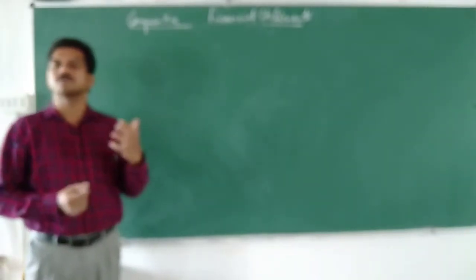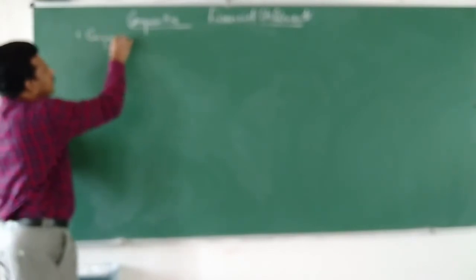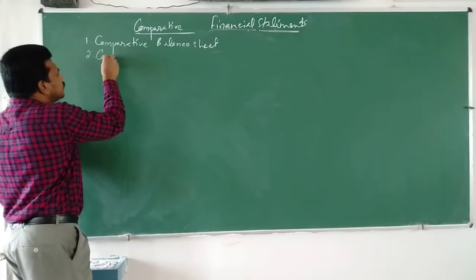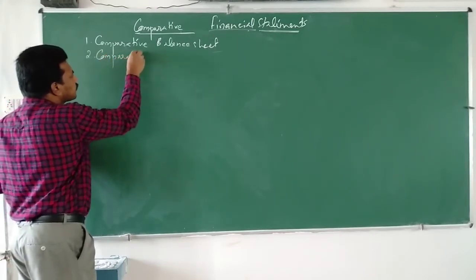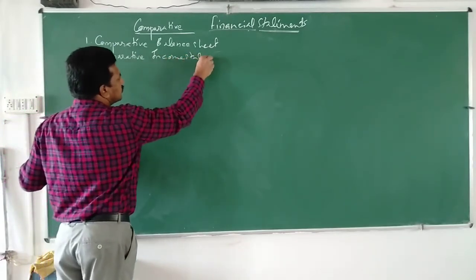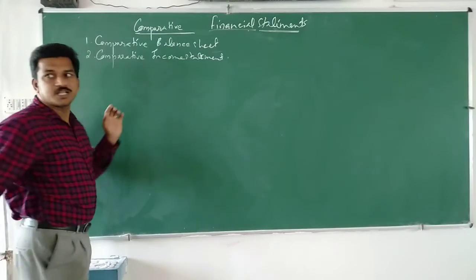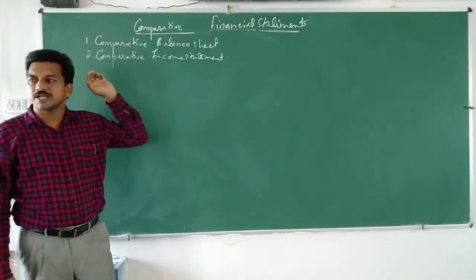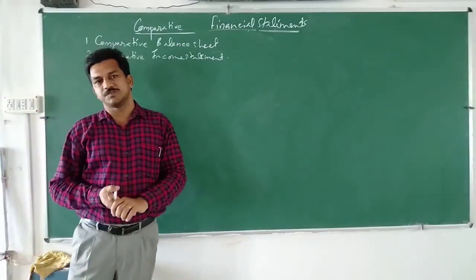So there are two types of comparative statements: comparative balance sheet and comparative income statement. So these are the two different comparative statements.